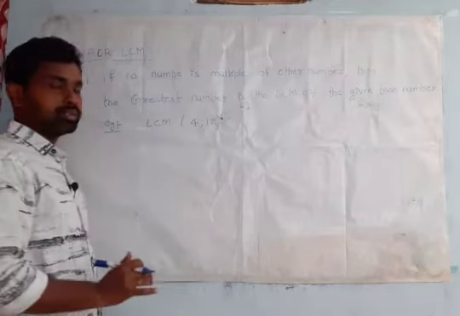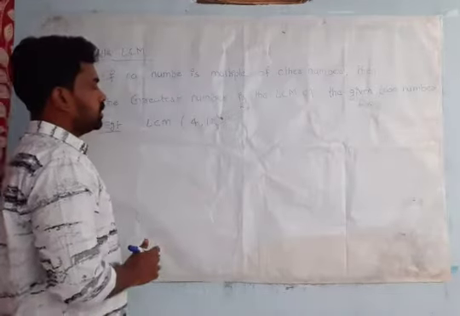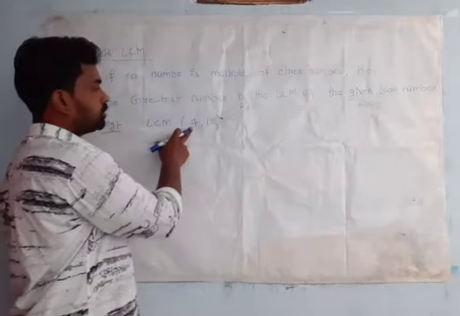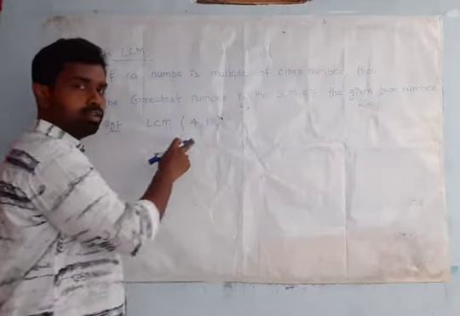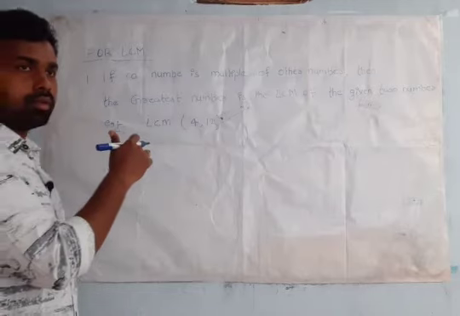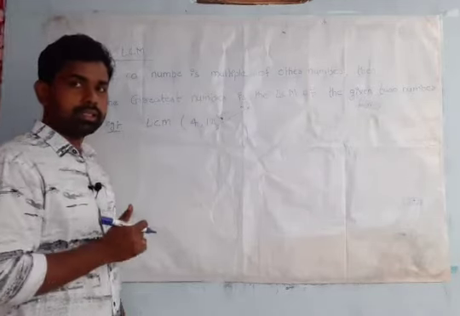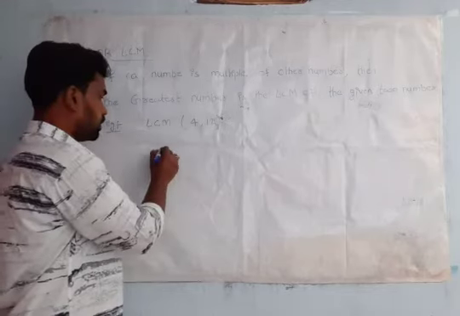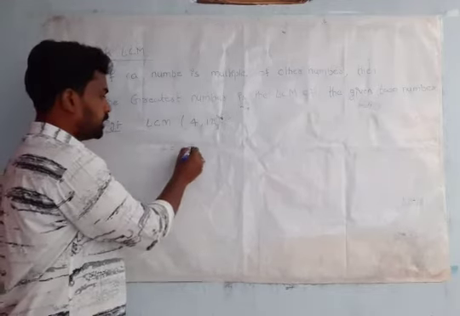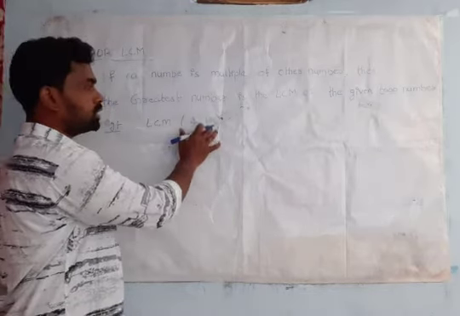If you observe these two numbers, multiples of 4, in four table, in that list 12 is there. Multiples of 4 means 4, 8, four threes are 12. So this 12 is a multiple of 4.